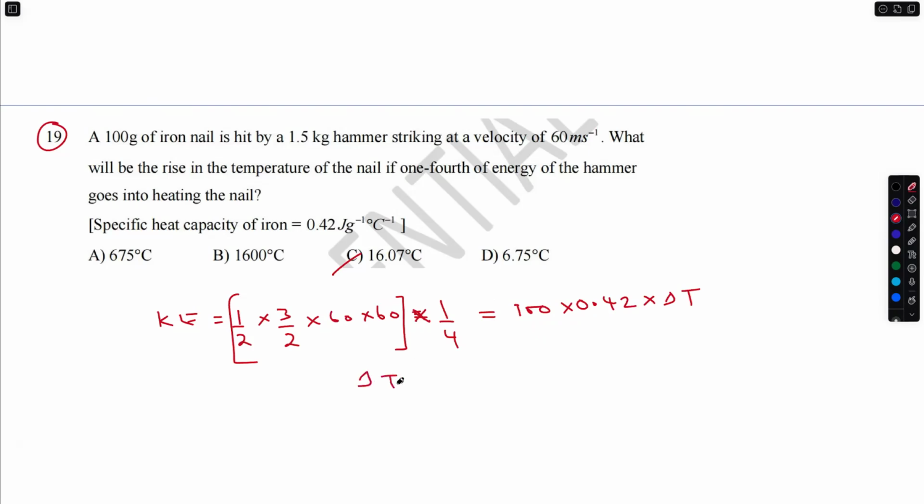So delta T is 3 into 36 by 16 into 0.42. I think I should look for some good numbers in this.